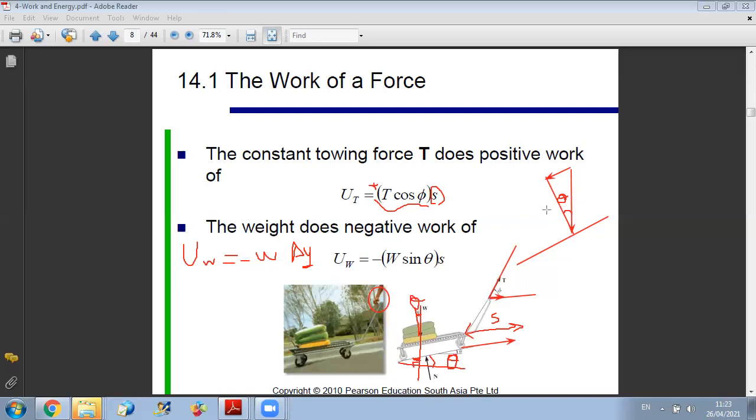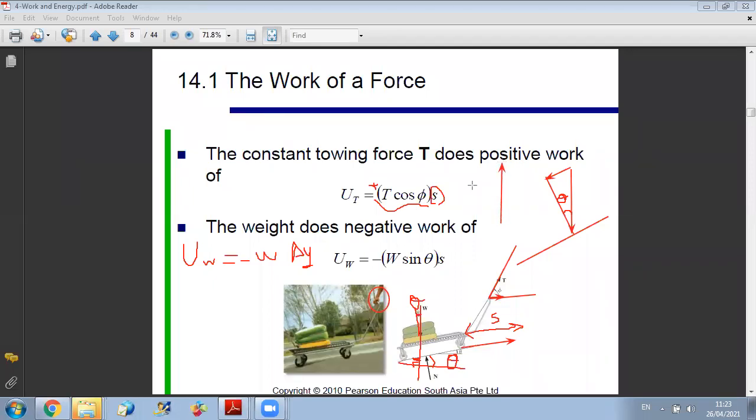Now, in case you want to apply the other formula, minus W delta Y, we will still obtain the same result. Why? When you use minus W delta Y, your Y should be vertical upward, so this is your Y axis.